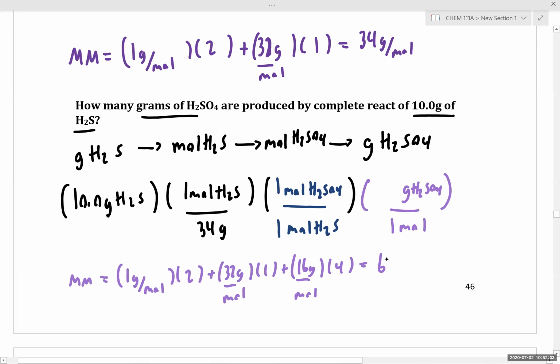So that in turn gives us 98 gram per mole.